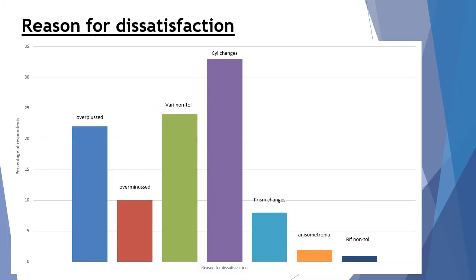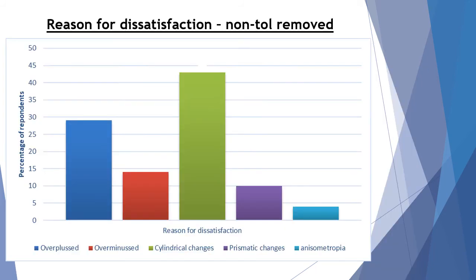And when we looked at the change in spectacle prescription, this is what we found. So you'll see here that changes in cylindrical power and axis were the most prevalent. Varifocal and bifocal non-tolerance might have been down to the design of the lens itself, so we removed those as they could confound the evidence.